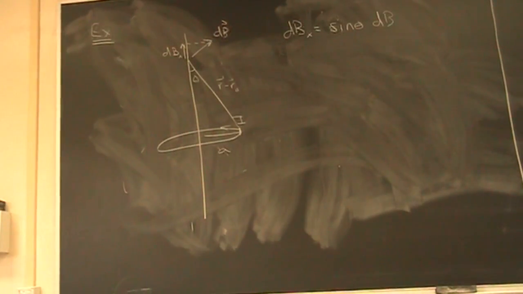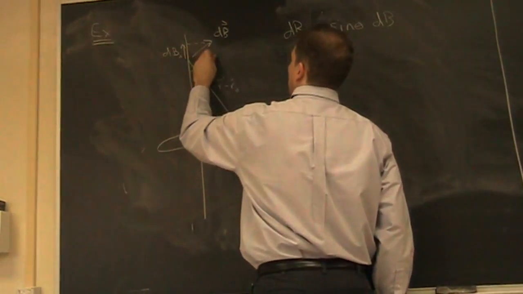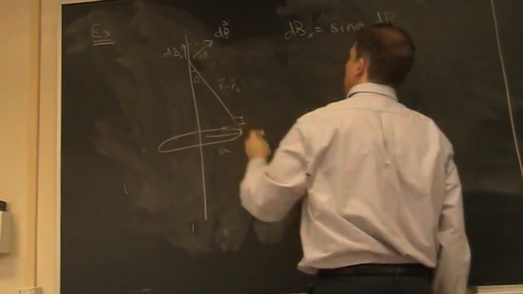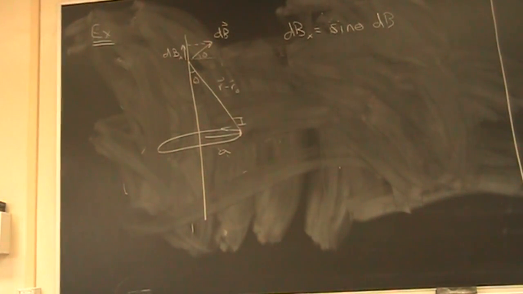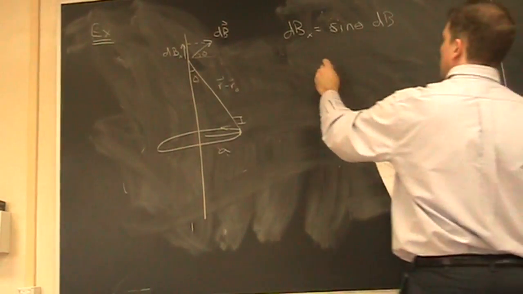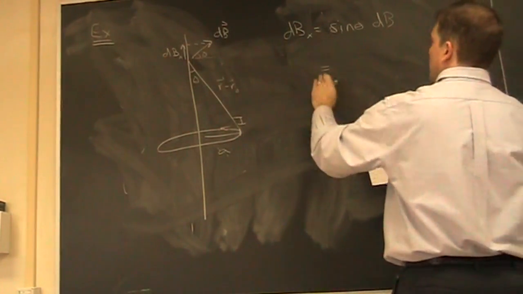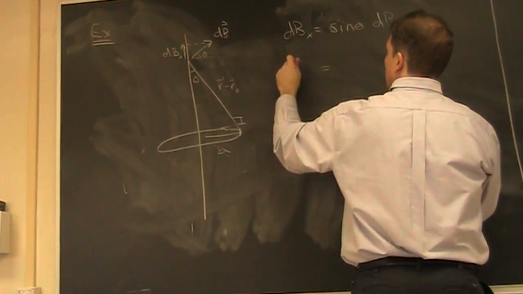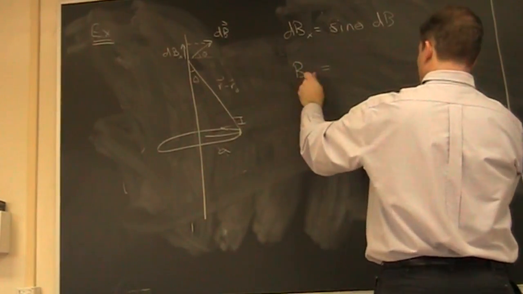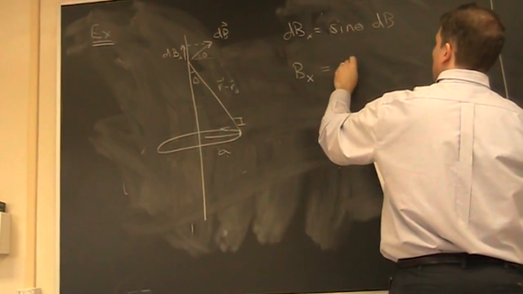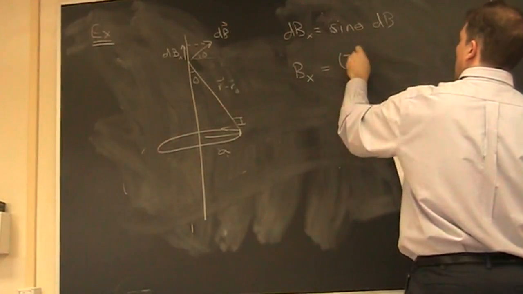Now, I'm not going to go through those steps. I'm just going to quote the answer. This is super simple, but okay. I'm going to quote the answer, which I hope is somehow known.